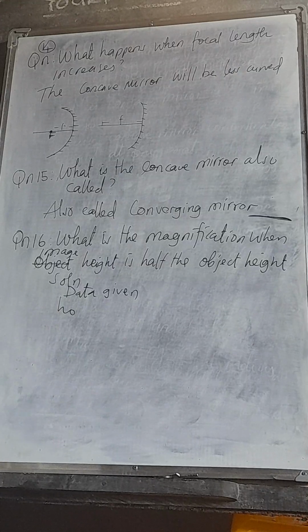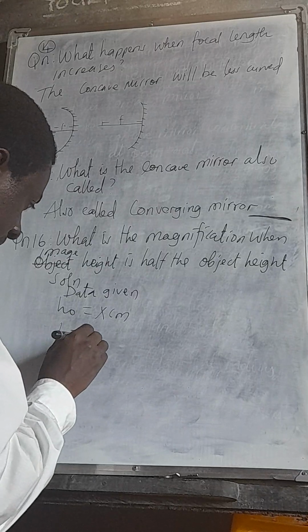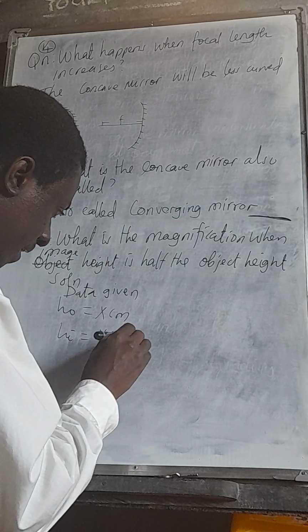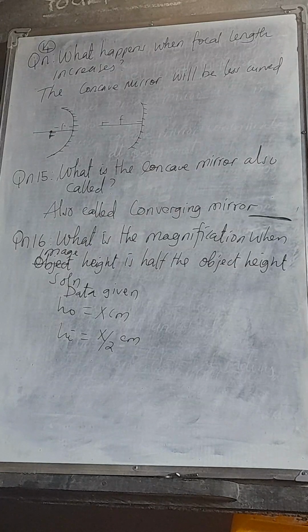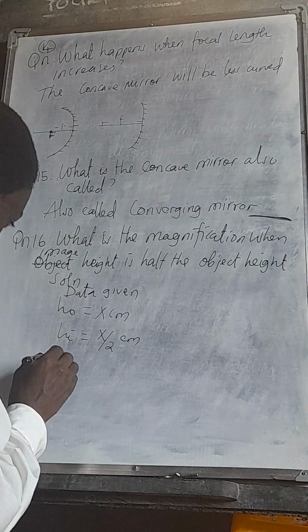Let's say object height is x centimeter, and the image height is half the object height. What will be the magnification?